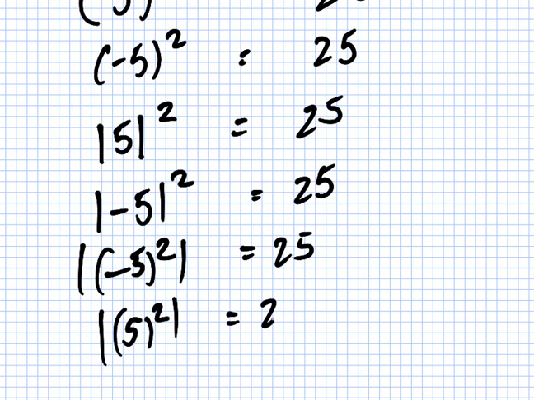I get 25. The point I'm making is this: when we have a square and an absolute together, there's no need to write the absolute, because if you think about it, when you square a number, what will it be? It'll be positive. So the absolute does absolutely nothing. It doesn't change the sign because it's already positive.